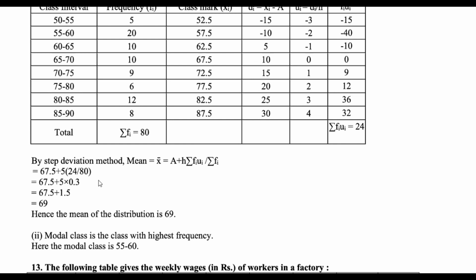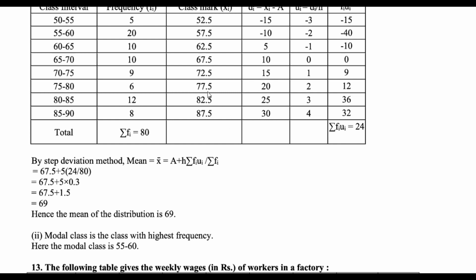Using the step deviation method, mean x bar is equal to a plus h into summation fi ui divided by summation fi, where a means assumed mean.